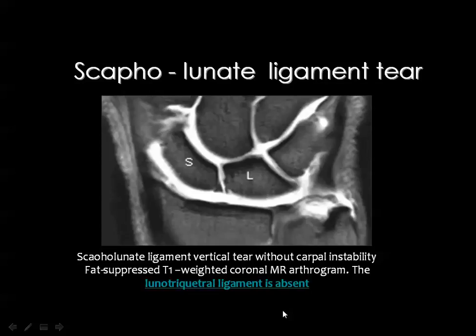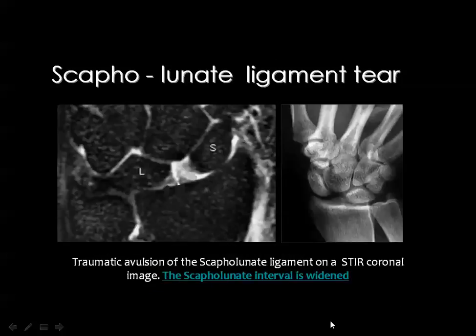This is also an example of scapholunate ligament injury. You see the defect within the ligament. This is the scaphoid, the lunate, the triquetral. The lunotriquetral ligament is absent, as I have said.